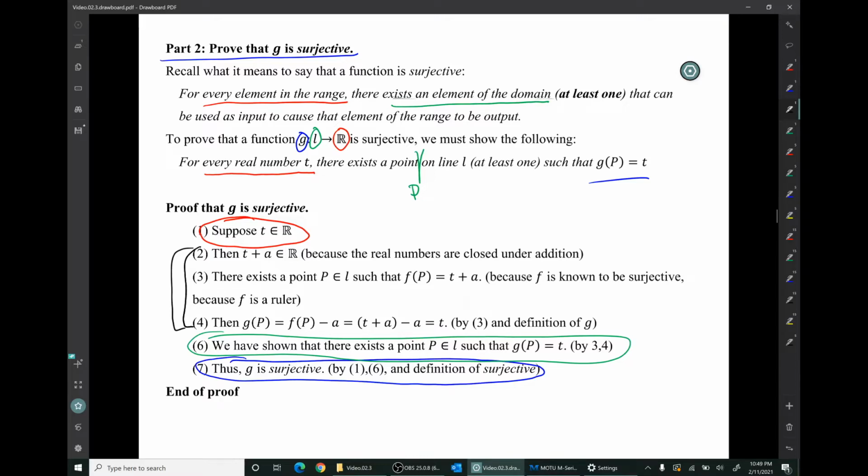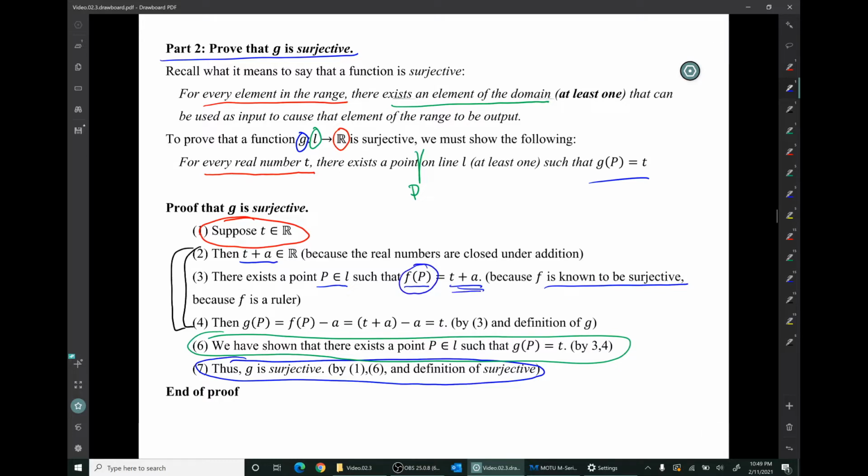Well, the middle of this is kind of a trick. Think about the fact that we're supposing that we've got some given real number t. Well, since t is a real number, we know that t plus a is a real number as well. And since f is known to be surjective, we know that there's a point P such that f of P equals that number, t plus a. So f of P equals t plus a.